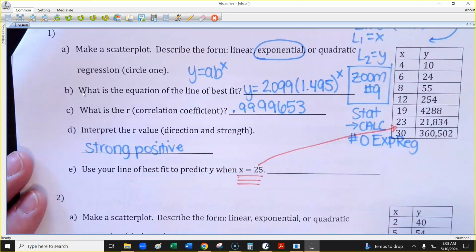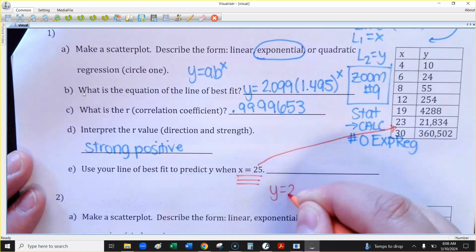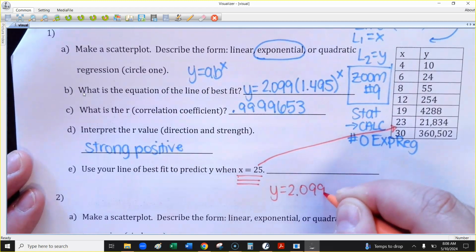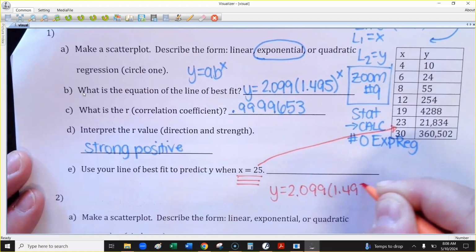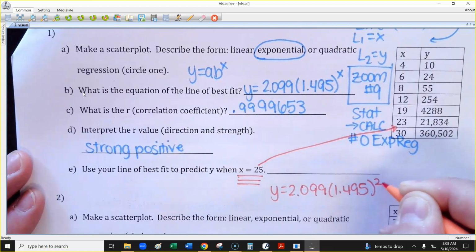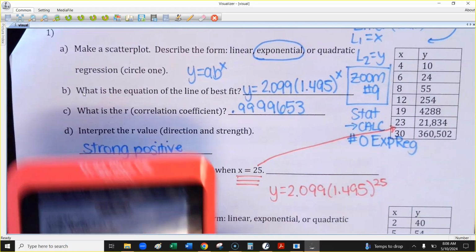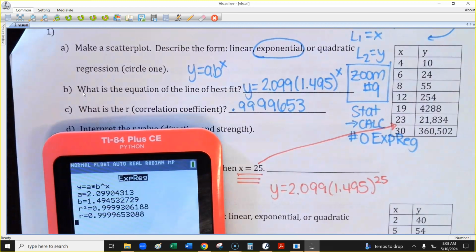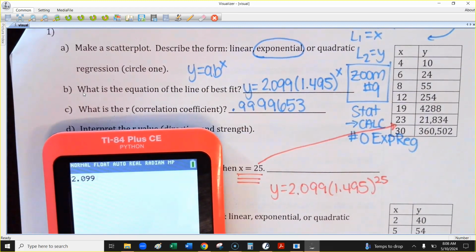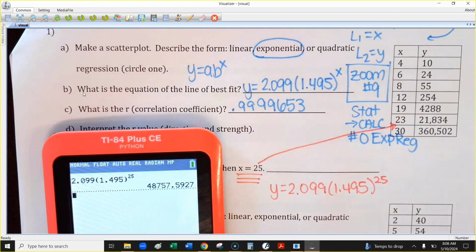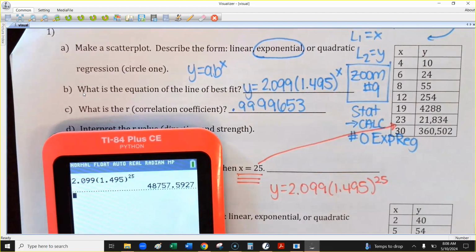So I'm just going to type 2.099 times 1.495 to the x, and we're just going to substitute 25 in for that. So that's all we're going to do. I'm just going to type it exactly like I wrote it on there. And that way you guys can see, does that number fall where you think, does that seem outrageous, or does that make sense for what the y values are in the table?